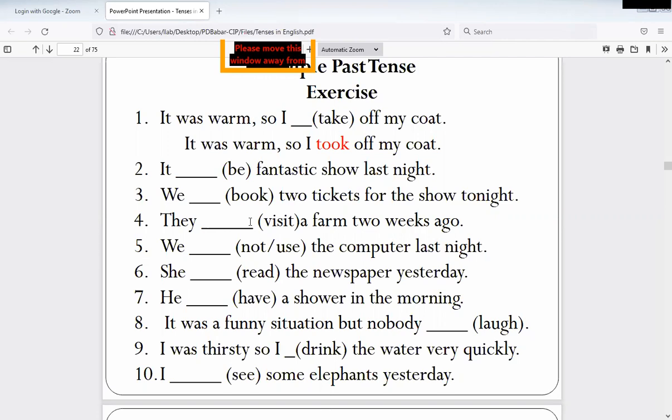Let's see the sixth sentence. She (read) the newspaper yesterday.